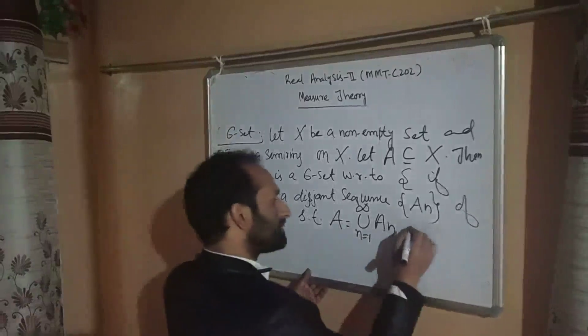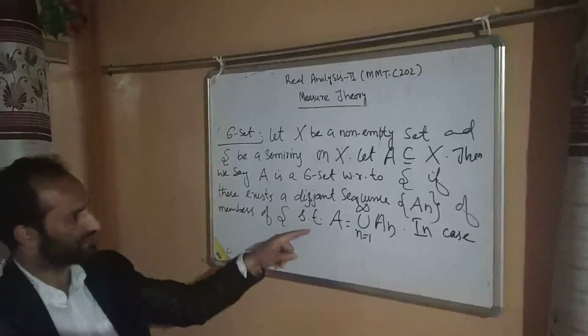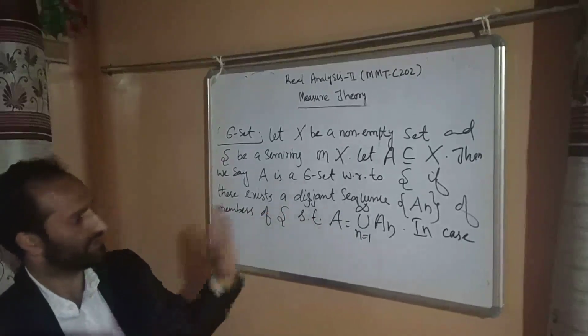So in case A is a finite disjoint union of members of S, then that A is always a sigma set.